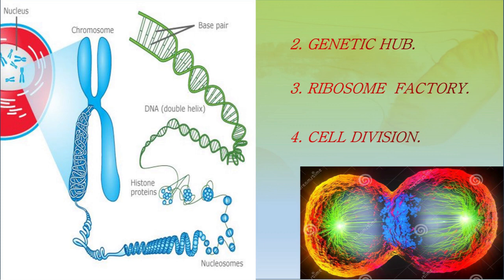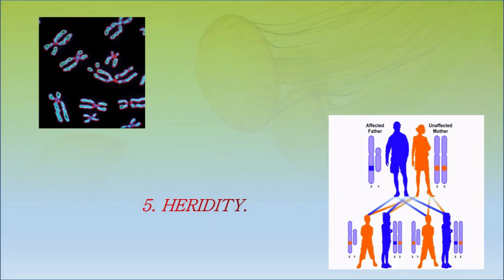The nucleolus, which produces rRNA and ribosomal proteins to build ribosomes, acts as the ribosomal factory of the cell. The nucleus acts as the genetic hub, having the entire genomic library within it. The nucleus controls the transmission of traits through genes, DNA, or chromosomes over generations. So, it also controls heredity.